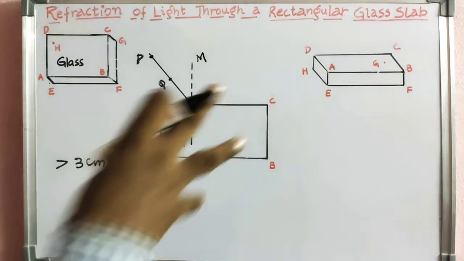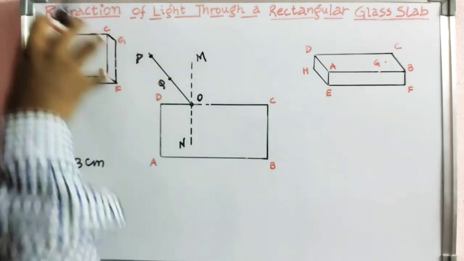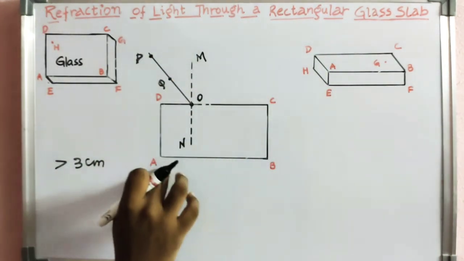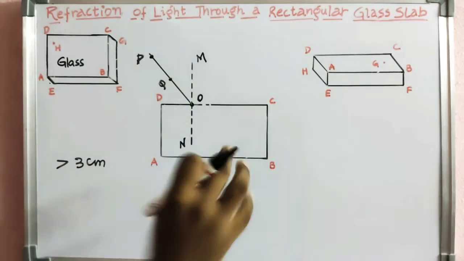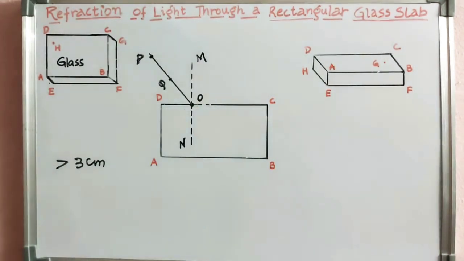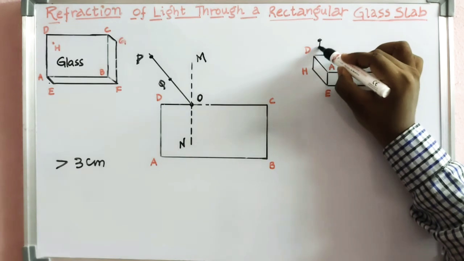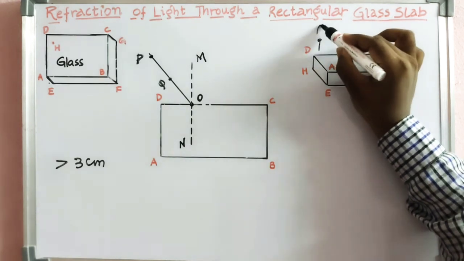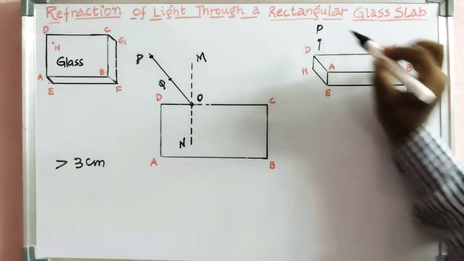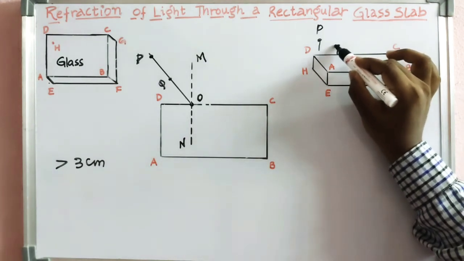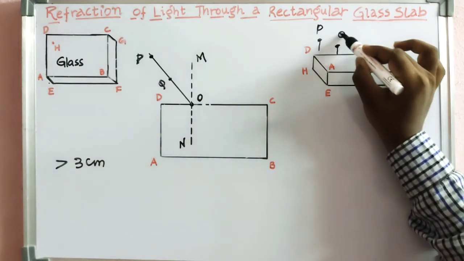Take the glass slab and keep it again in the same position A, B, C, D. If you see it from the side view, somewhere here will be pin P, and at some distance here will be pin Q.